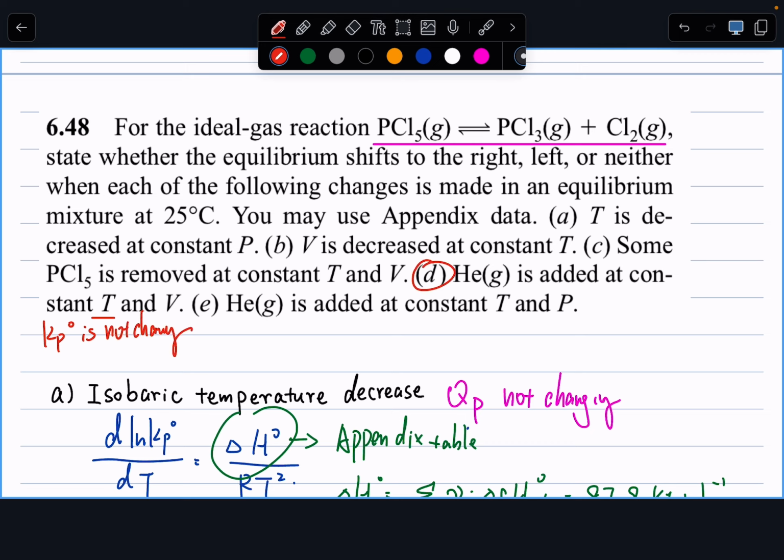But for question D, since my volume is also kept constant, my Pi equals Ni RT over V is also not changing. The number of moles of my reactant or product gas is not changing, total volume is not changing, and the partial pressure of the species is not changing. So for part D, we're predicting the equilibrium to not shift.